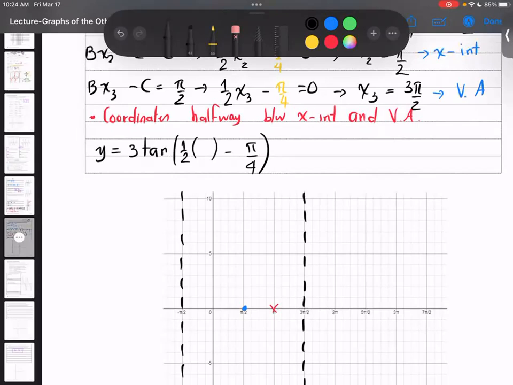It's just easier. It doesn't matter. I like to think that it's less computational for me. So the point halfway between the x-intercept and the vertical asymptote is this one. You can pick this one or this one, it doesn't matter. Let's pick 0. I like 0.